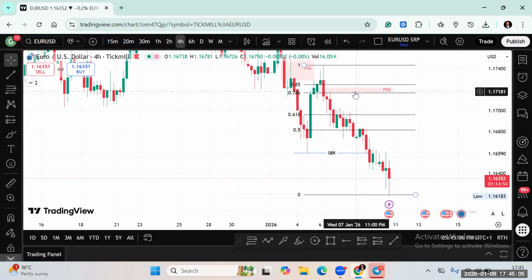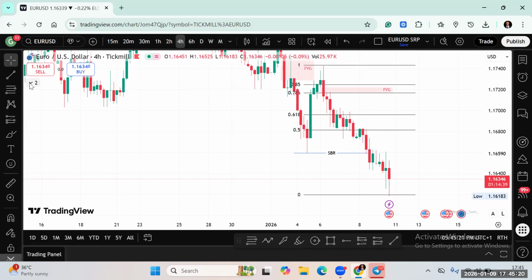But if you notice that there is a massive fair value gap above your POI, know that price will likely come to that POI because that is liquidity and price is always looking for liquidity. And this is why sometimes price will extend to 0.7. So in that 0.7, there's an FVG.